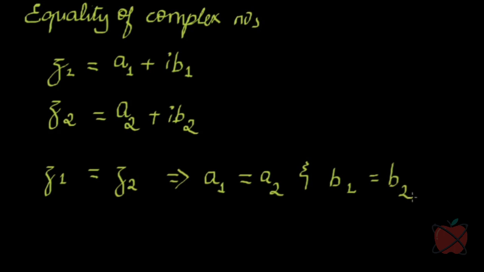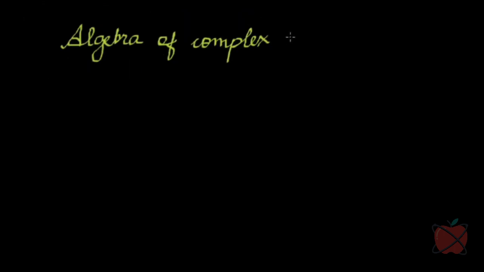Let's move on to another topic, which is the algebra of complex numbers. So when I say that I want to study algebra of complex numbers, it means I want to know how complex numbers are added, subtracted, multiplied, etc. So first thing first, we are going to learn about the addition of complex numbers.